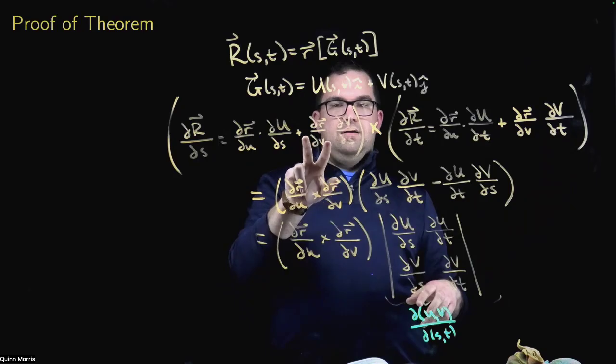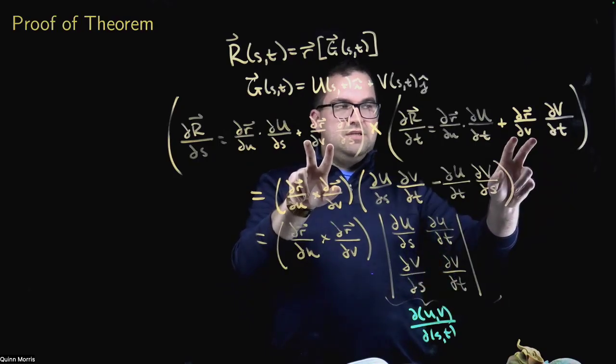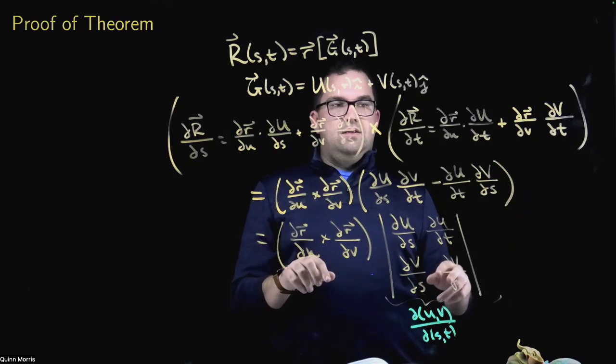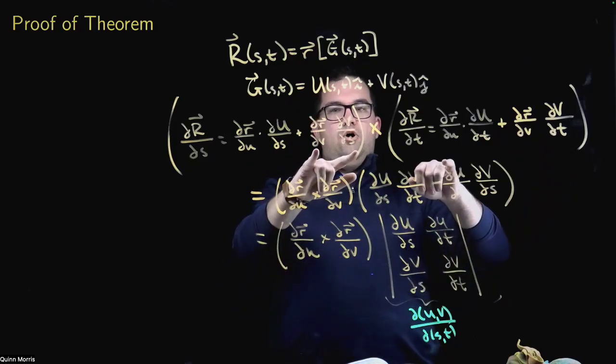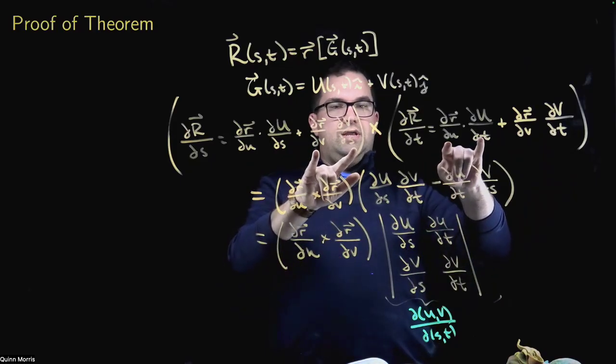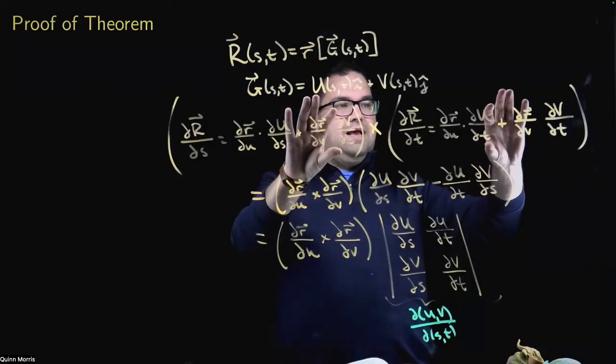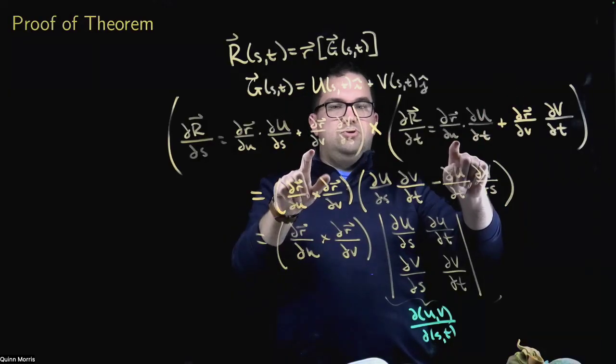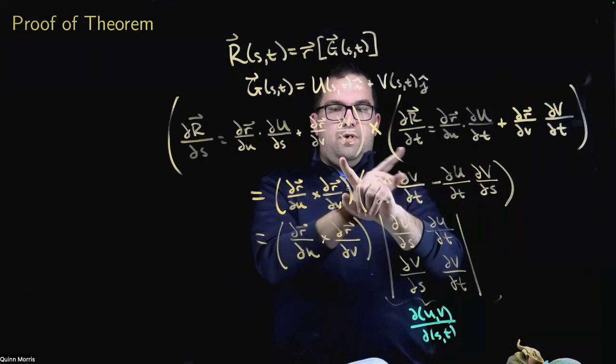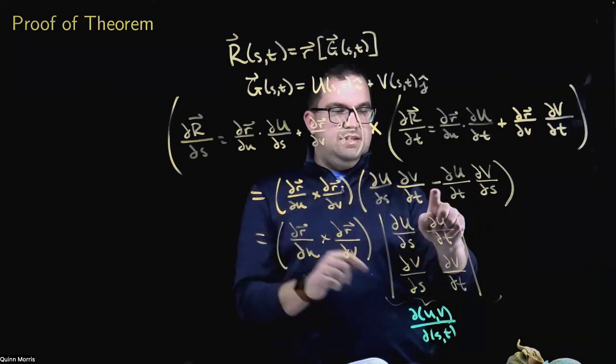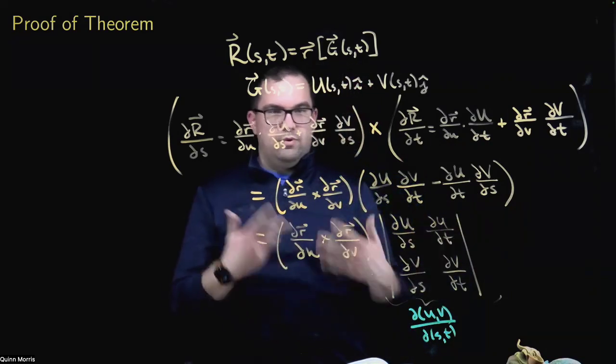You're going to get dr dv cross product with itself. That's going to go away. And then the other term we end up with is a dr dv cross dr du. You get a dv ds du dt, but then you swap the order of those terms in the cross product to get another dr du cross dr dv, and that negates it. So that's where all of that falls out.